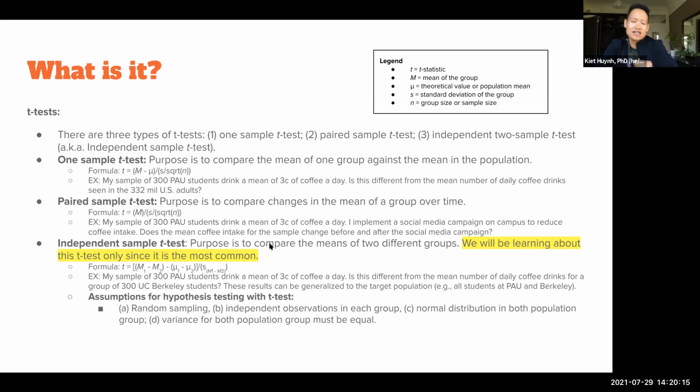Let's say I implement a program, a social media campaign to reduce coffee intake, maybe talking about the harms of drinking too much coffee, how it negatively impacts sleep or drowsiness, etc. I could use the paired sample t-test to test this question: does the mean coffee intake for the sample change before and after the social media campaign? Basically, I'm taking the sample and measuring them at two different time points, looking at the mean coffee before and the mean coffee after the social media campaign, and seeing if there's a difference.